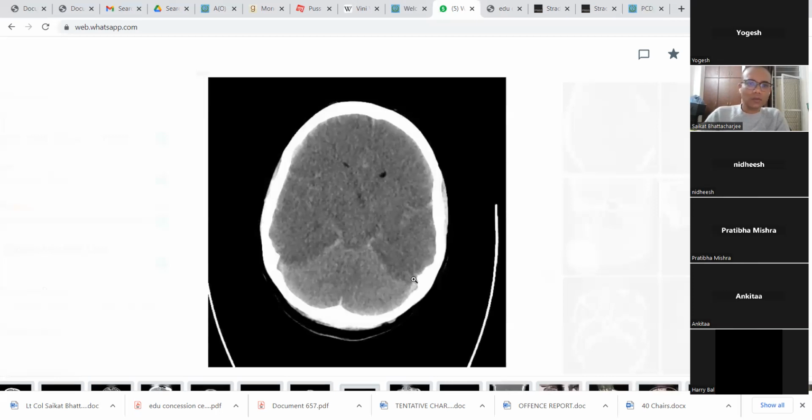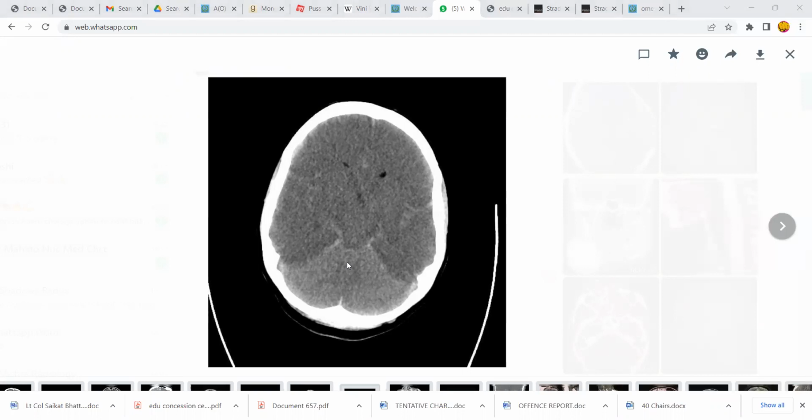Yes, Yogesh? Nidish? Sir, white cerebellum sign. It says a diffuse cerebral edema. Yeah, maybe secondary to a severe head trauma or whatever.